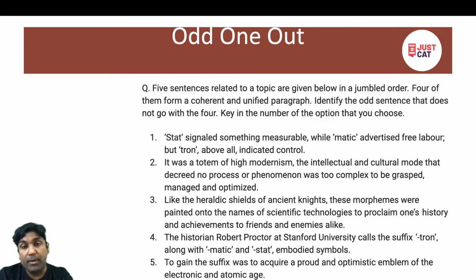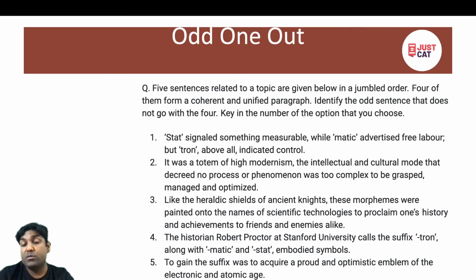Stat signals something measurable, while Matic advertised free labor, but Tron above all indicated control. So they're talking about, remember, from Matic we can understand automatic. Also, it's possible that they're talking about suffixes. Probably, we don't know. Suffixes are those monosyllables, those 3 or 4 letter words which are added behind a word to give it a new meaning.